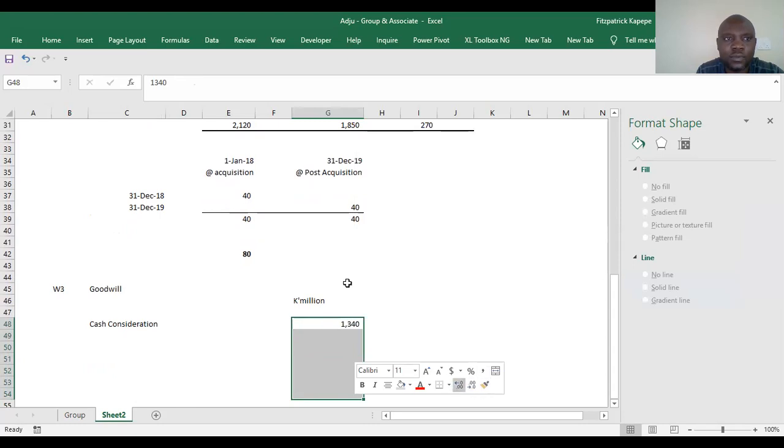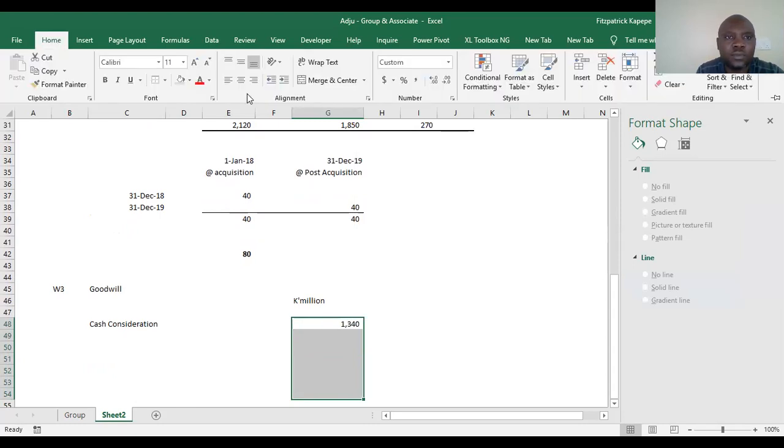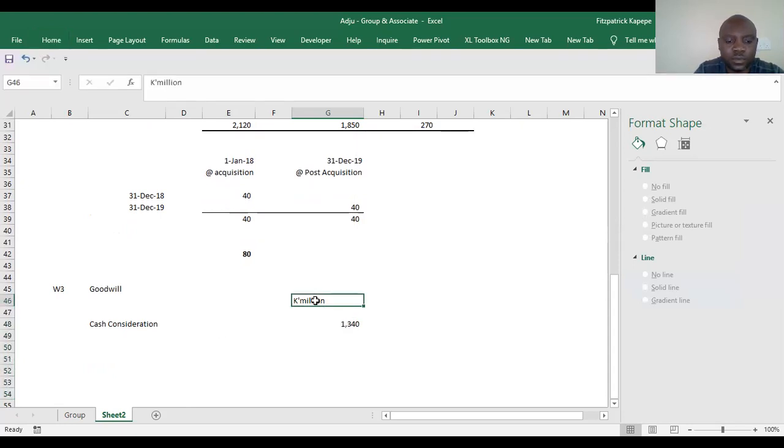Cash consideration. Okay. Then we bring in the NCI. This is at acquisition. Never make a mistake, because you are trying to calculate goodwill at acquisition.